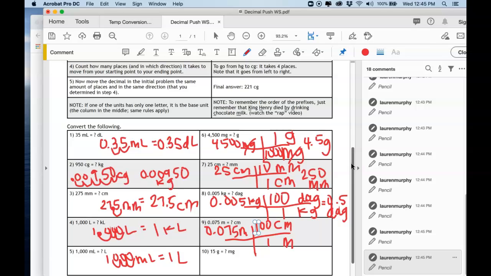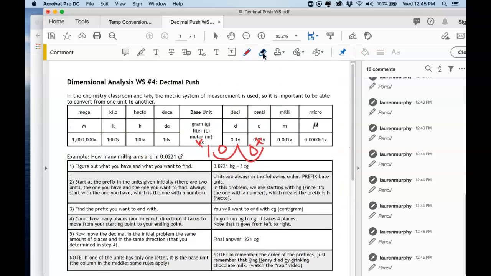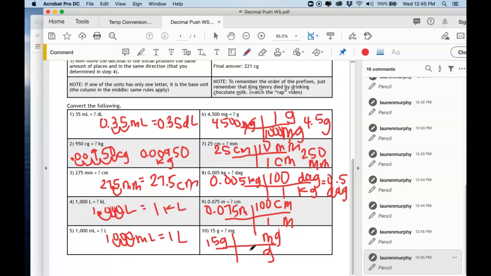Hopefully this one makes sense to you, right? A century is 100 years. Centimeter is 100 meters. Okay, and then last one, 15 grams. We're going to do dimensional analysis again. So grams go on the bottom, milligrams go on the top. You come back up here, you erase again, and you locate the grams and the milligrams. The grams is right here and the milligrams is right here. So my 1 is going to go next to my grams.